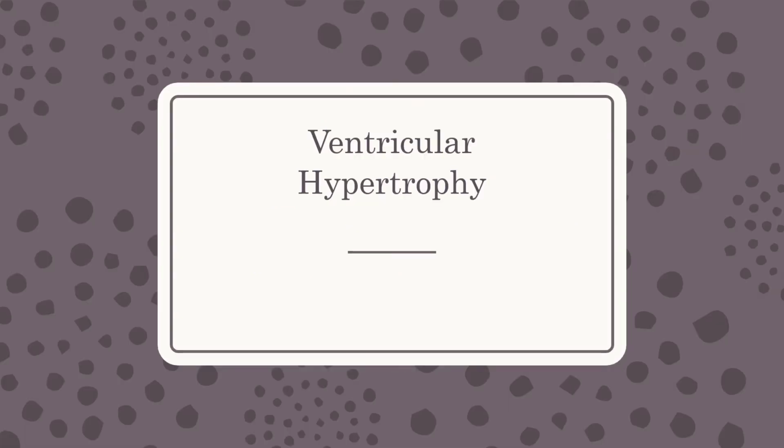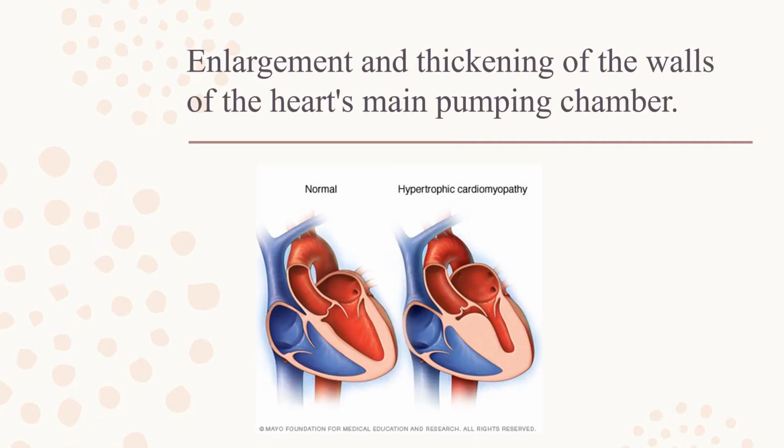With ventricular hypertrophy, we see changes. So it makes sense, right? You see atrial changes, you see changes with the P wave. With ventricular hypertrophy, we're going to see changes with the QRS, okay? And typically what we're looking for is that it's going to be bigger. So we have a bigger QRS than normal.